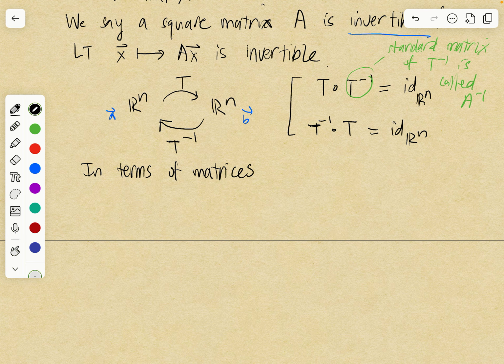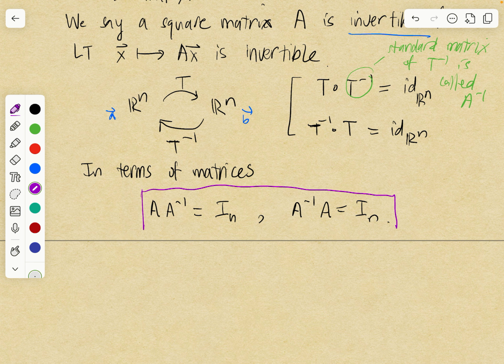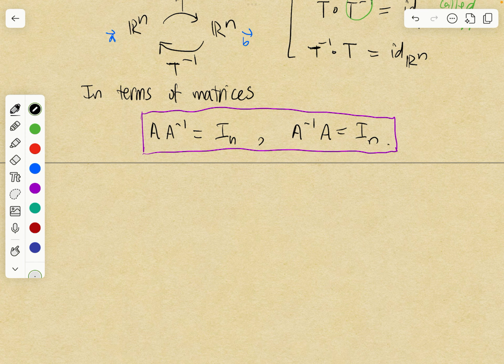In terms of matrices, this first equation says that A times A inverse is the n by n identity matrix. And the second equation tells you that A inverse times A is the identity matrix. So this is the key property of the inverse of A: when you multiply A by it, in either order, you get the identity matrix.